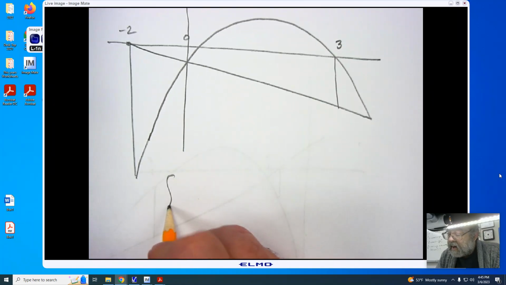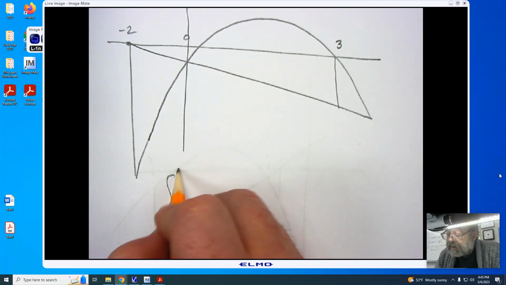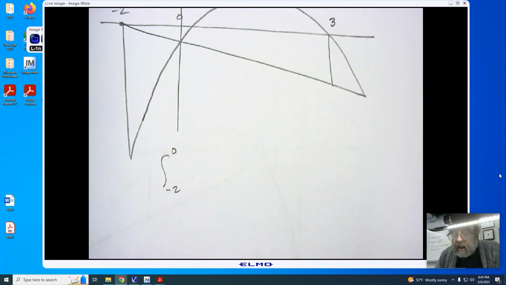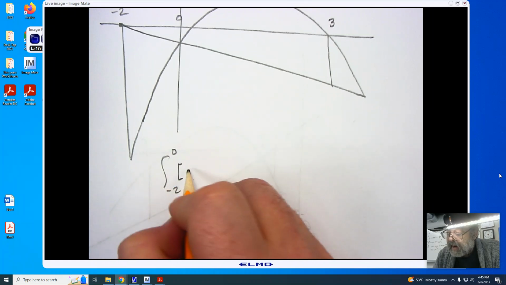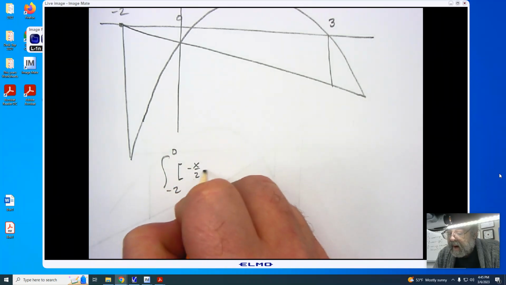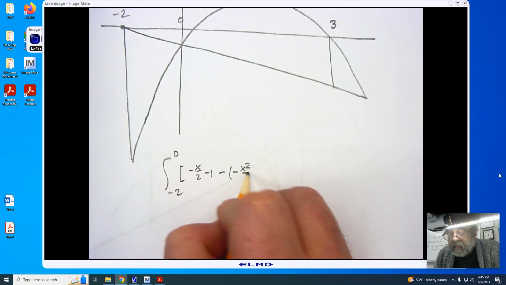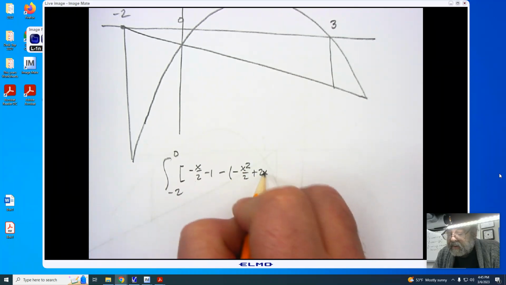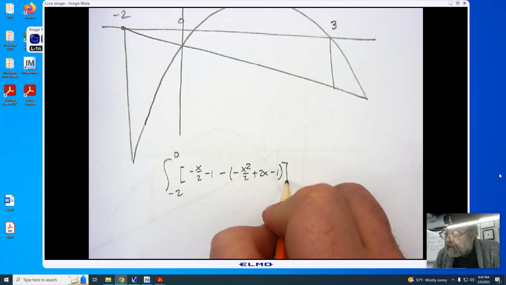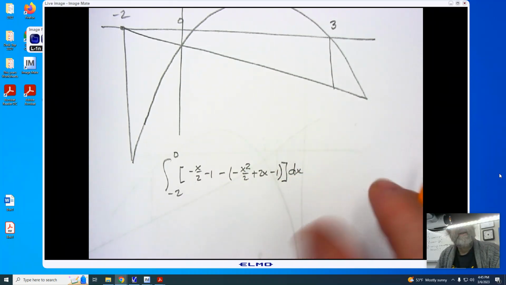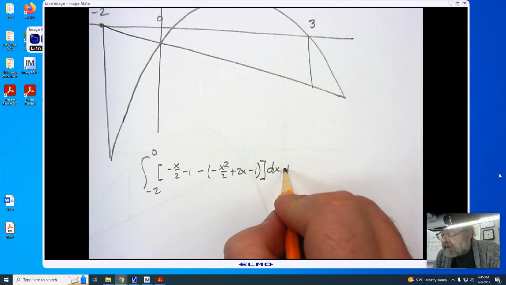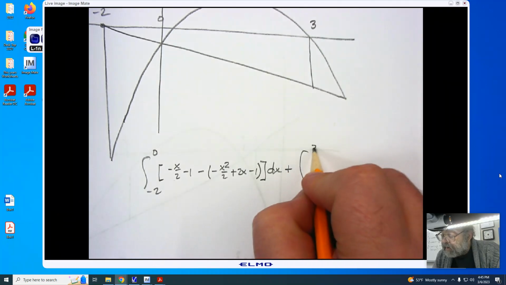So our first integration from negative 2 to 0 is working with my upper equation. In this case, I have negative x over 2 minus 1, and I'm subtracting the negative x squared over 2 plus 2x minus 1 dx. We're then going to add to this the second integration, that's 0 to 3.